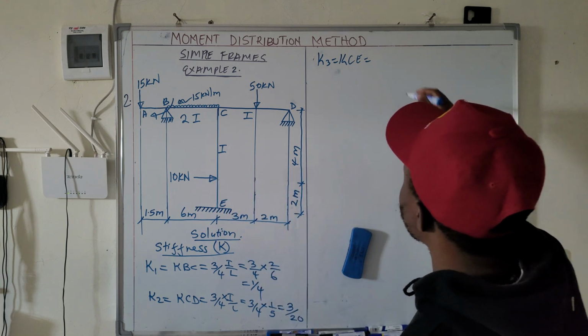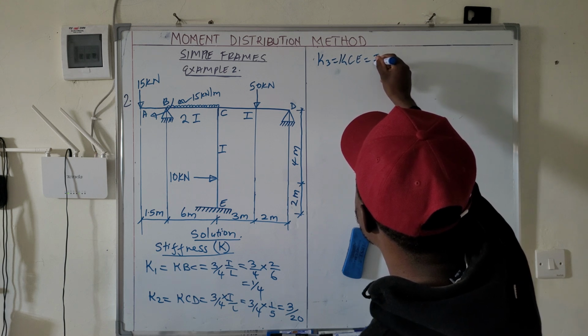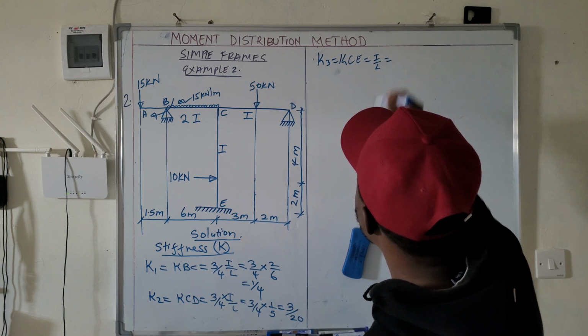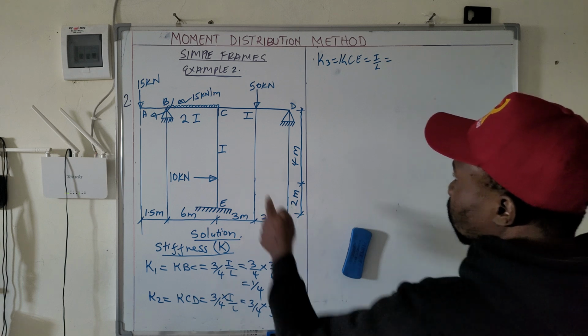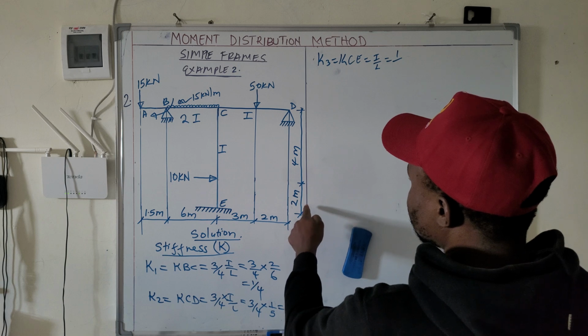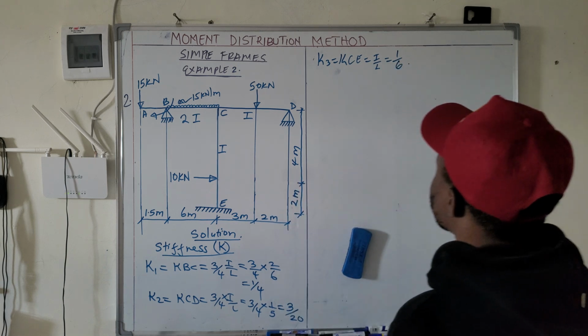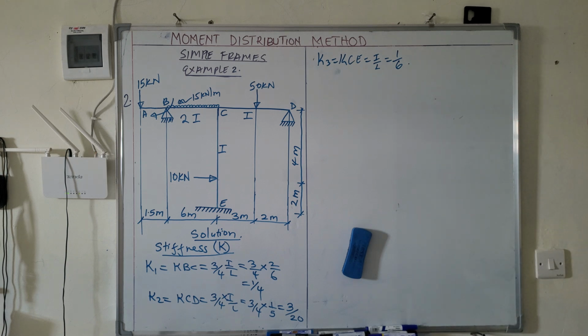So it will be I over L. So this one will be I is 1, and L, 2 plus 4, 6. So that is our K3.